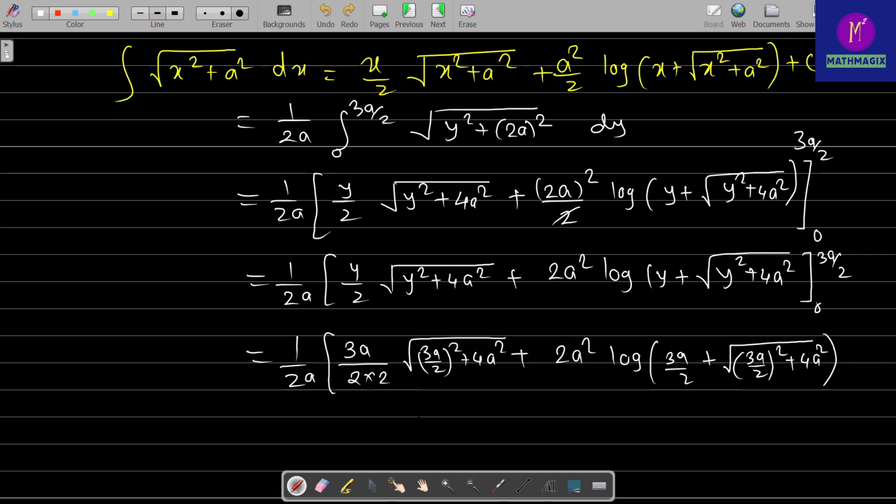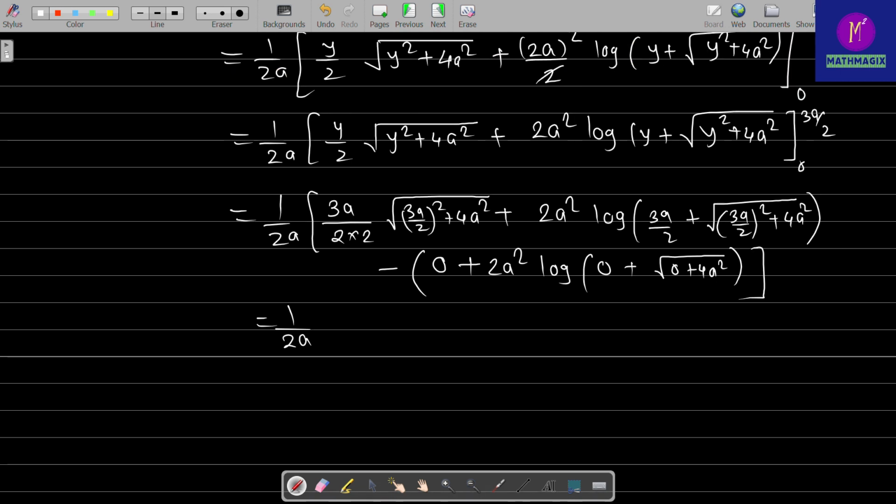So now let us substitute the lower limit 0. We need to give the minus sign, put the bracket. If I substitute 0 here in y, I'll get 0 in the first term plus 2a square log of, in place of y I substitute 0, so we get 0 plus square root of 0 plus 4a square.